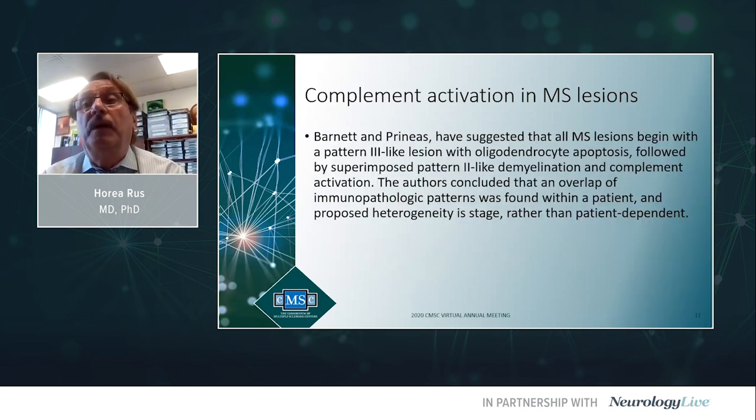Further work done by other researchers has suggested that in other cases they investigated, the MS lesion started like a pattern 3 lesion with oligodendrocyte apoptosis, and then was followed by superimposed pattern 2 like demyelination and complement activation.